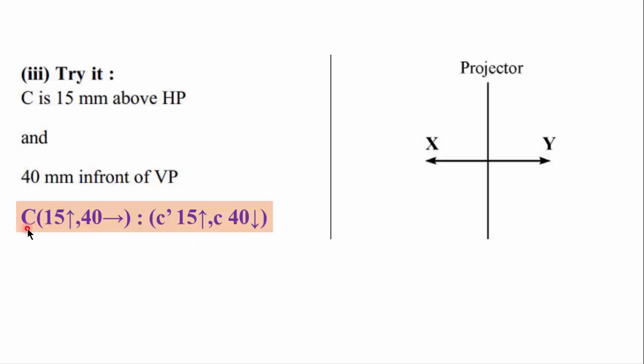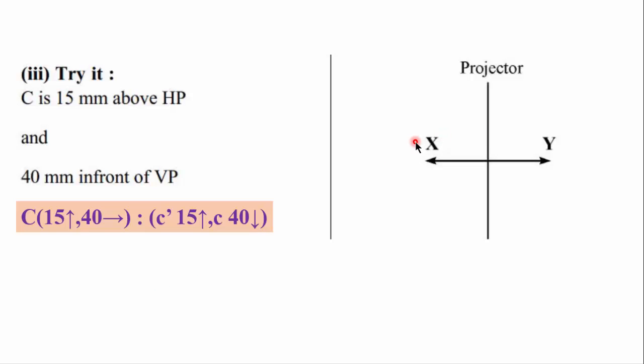Look, point C 15 mm above, 40 mm in front of, and hence C dash 15 mm above XY line, C 40 mm below XY line. The arrow is rotated in clockwise sense through 90.